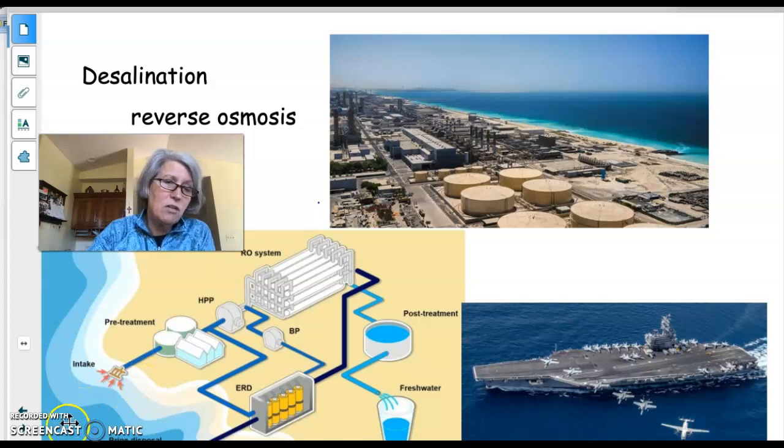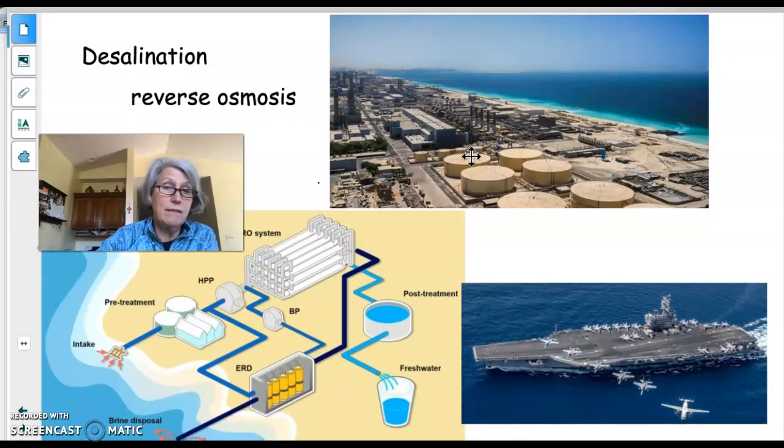And what they do is they intake seawater and they go through this RO system with the semi-permeable membrane, and they apply high pressure and they get pure water coming out from that. It takes a lot of energy to do, but it is available, and it is a way that they can have a water source right next to the sea.